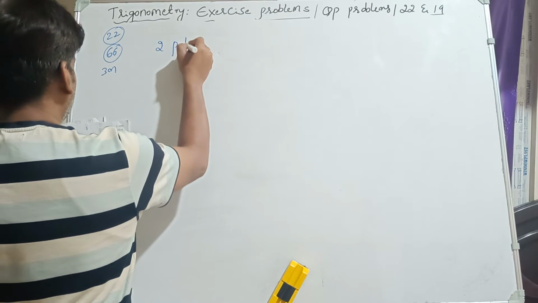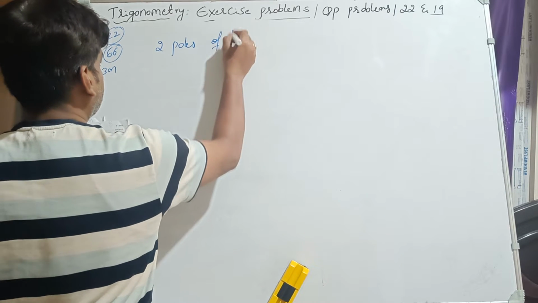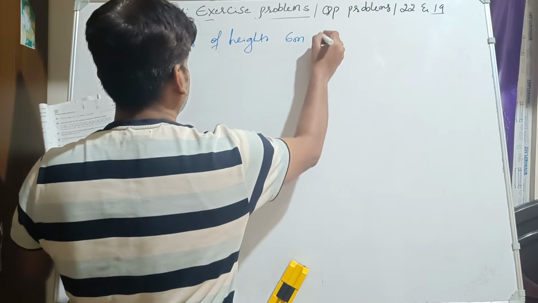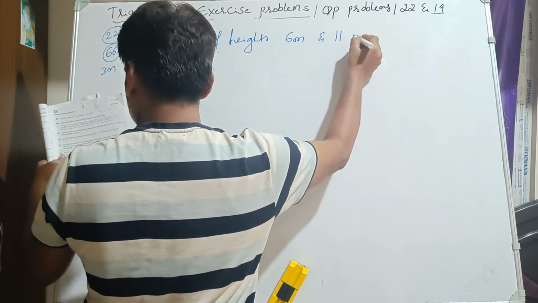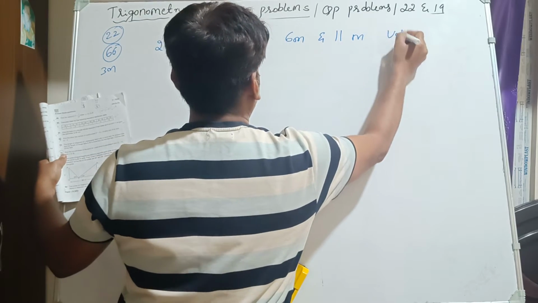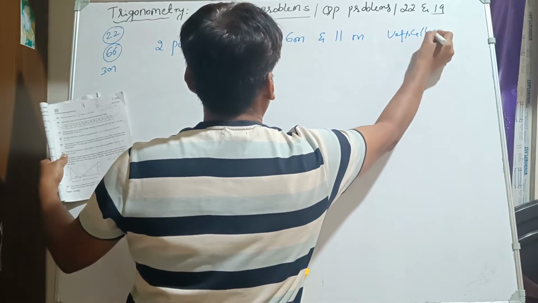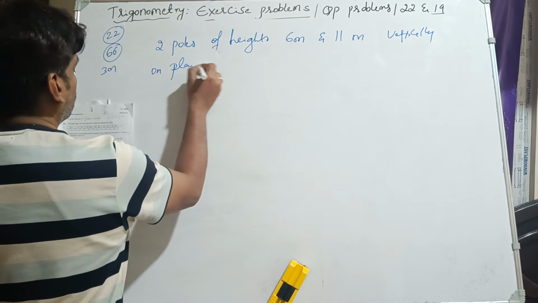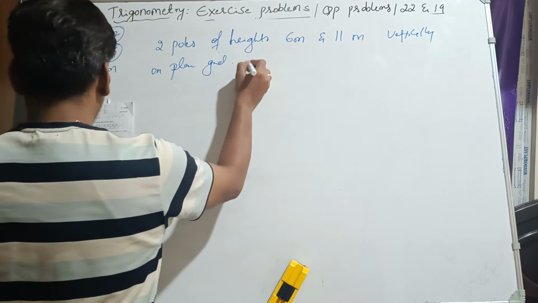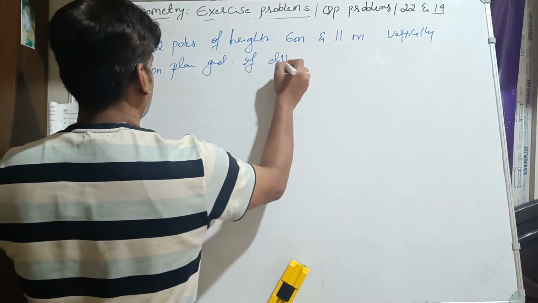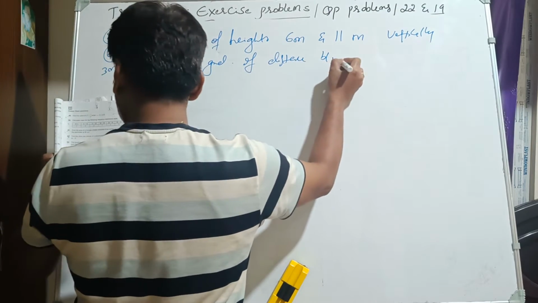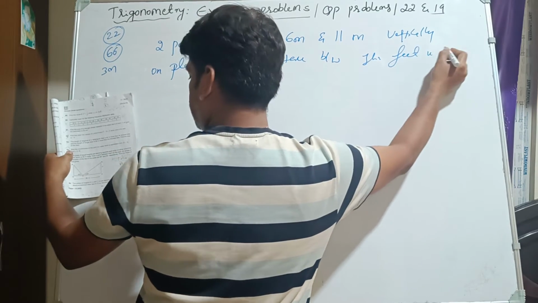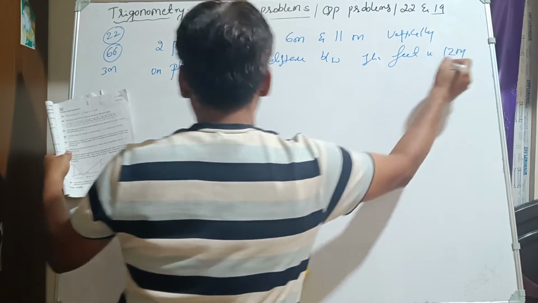Two poles of heights 6 meter and 11 meter stand vertically on plain ground, if the distance between their feet is 12 meter.